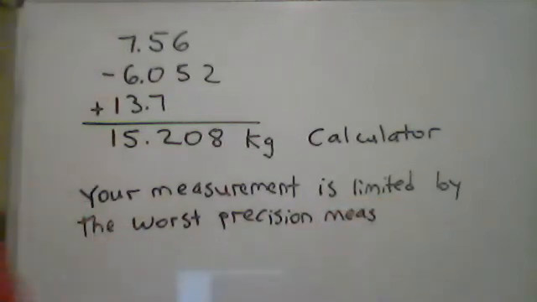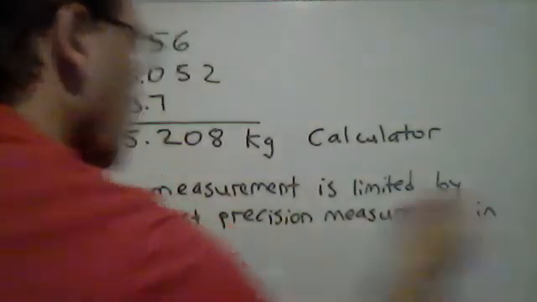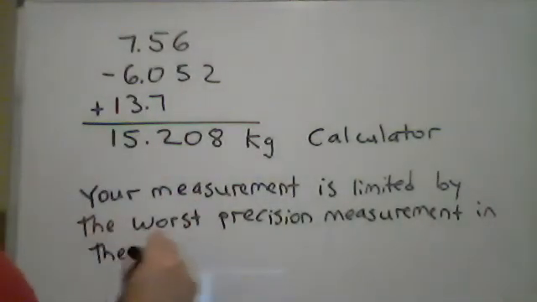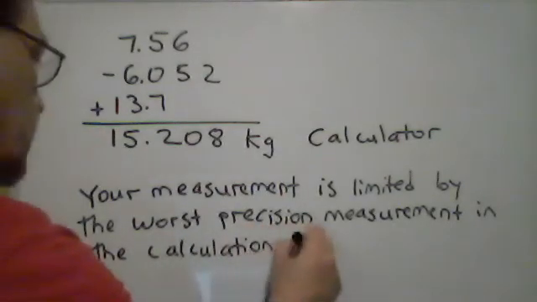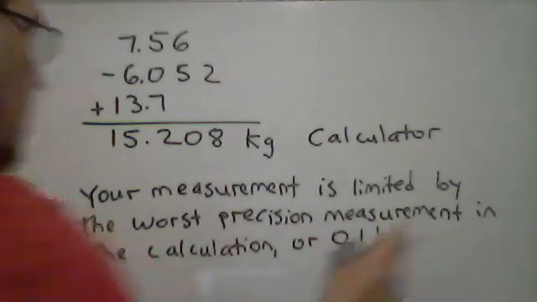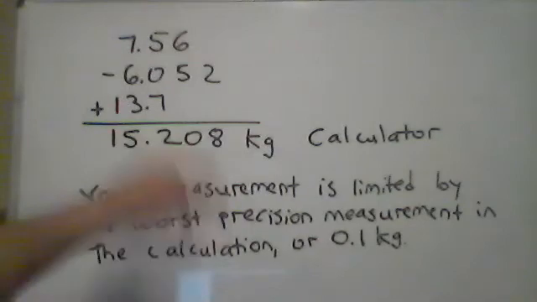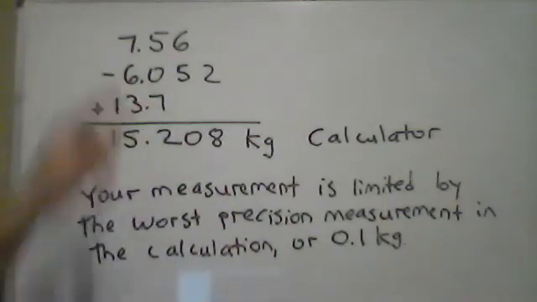So the bathroom scale measurement ruined it for everything else. Or in this case, your 0.1 kilogram measurement. So yeah, you did a beautiful job in the laboratory, and the Kroger had a precise instrument, but the fact is you messed everything up by using this crude instrument.